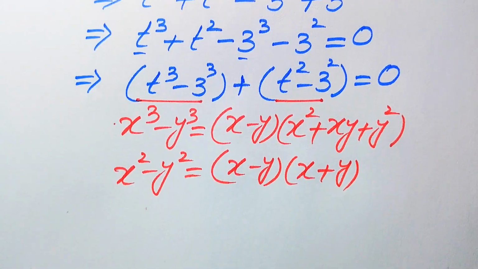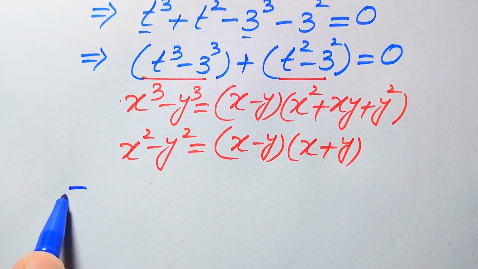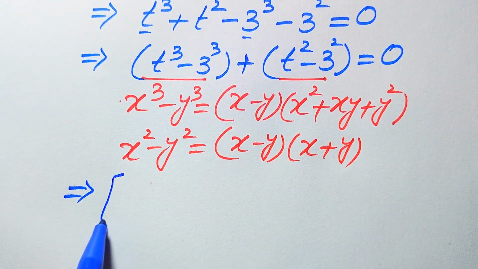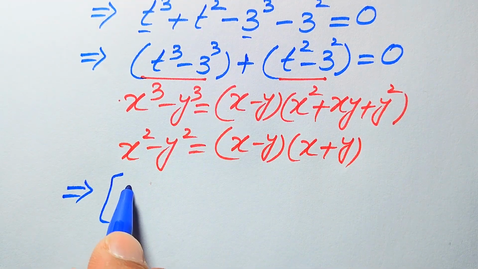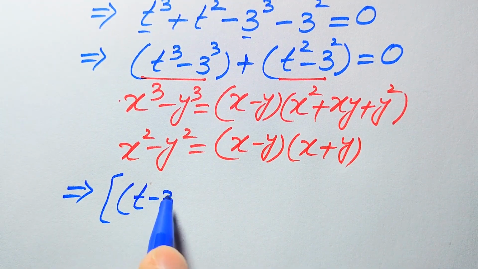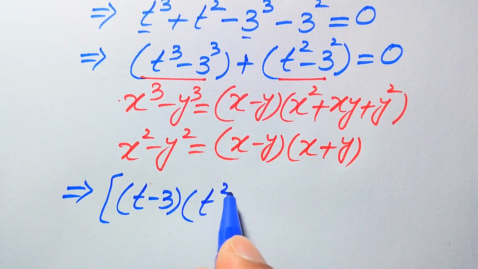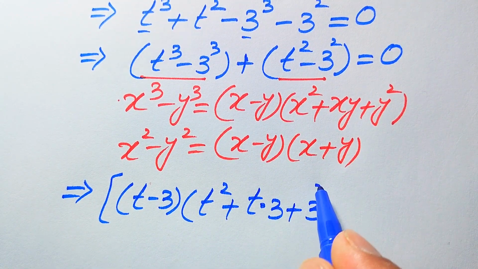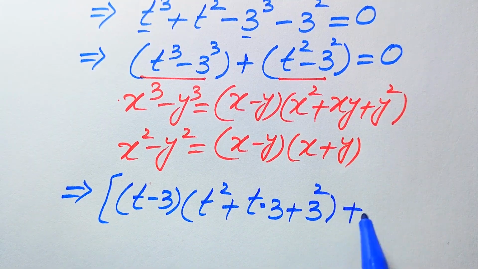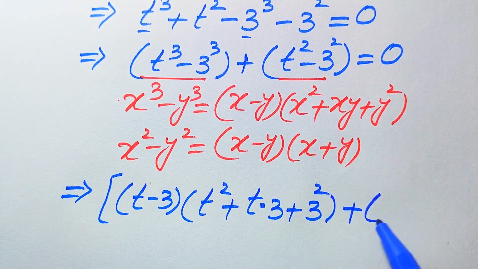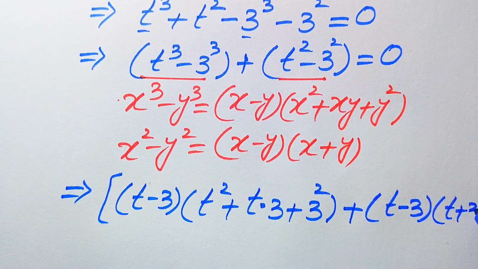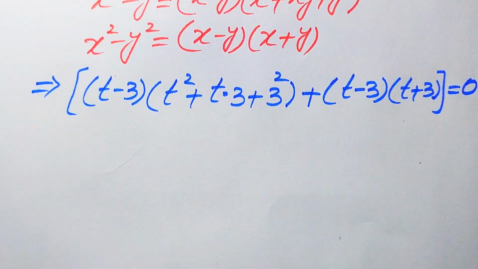First we apply the cubic formula on the first factor. Using this formula, t cubed minus 3 cubed becomes t minus 3 times t square plus t into 3 plus 3 square. And plus, using the square formula, t minus 3 times t plus 3, and this whole equation is equal to 0.